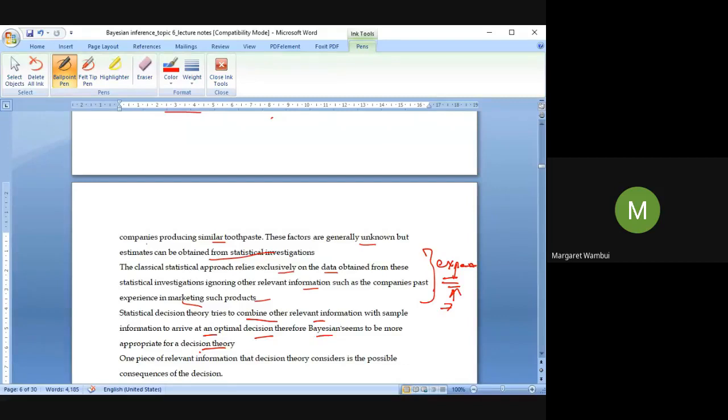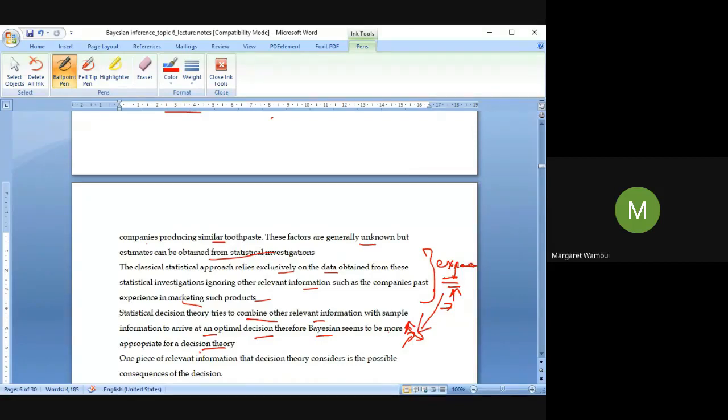Why? Because you bring in your past experience and you combine it with the current data, so your marketing strategy might be more effective than a person who just takes the data alone, goes to the field and starts marketing the product.